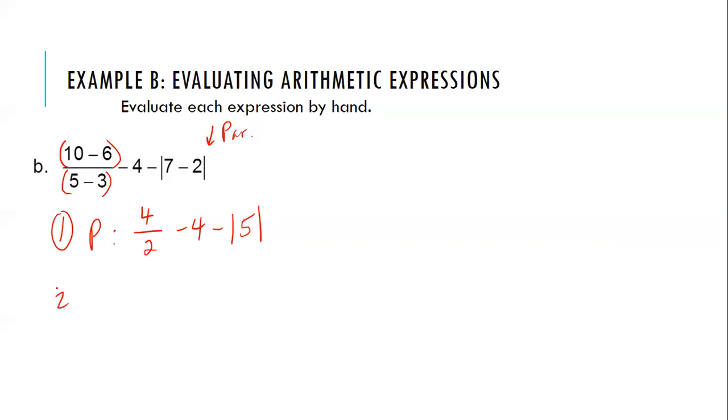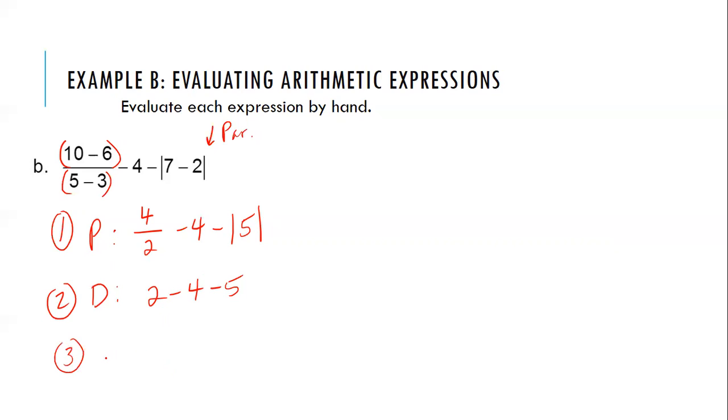Okay. The second thing here is, we don't have exponents, so we're going to multiply or divide. In this situation, what is it? We have divide, right? We have 4 divided by 2, which is 2, and then we're going to evaluate our absolute value, which is just 5.